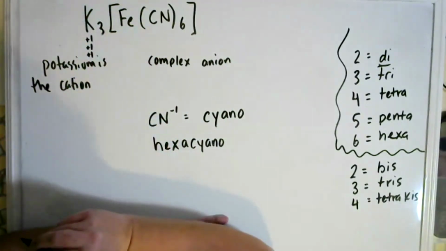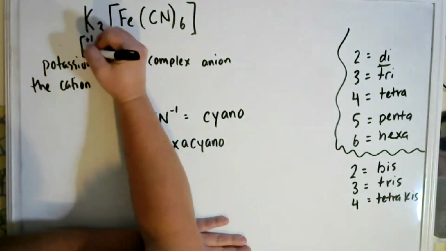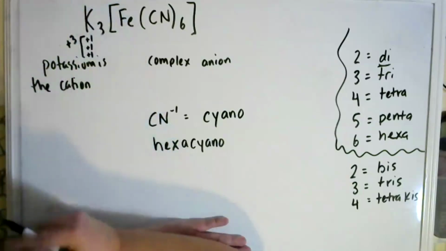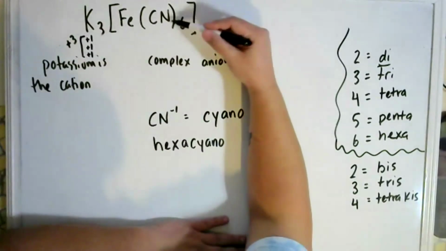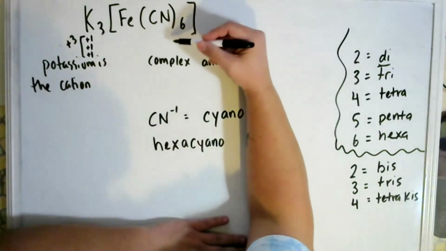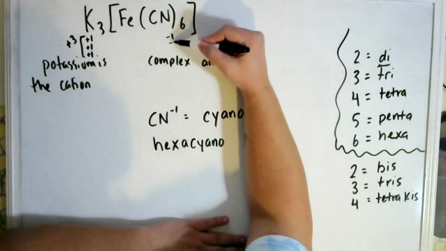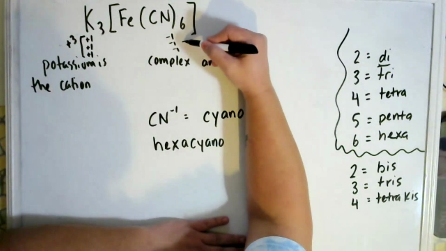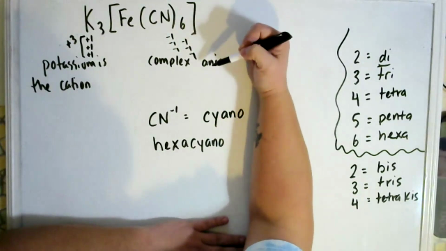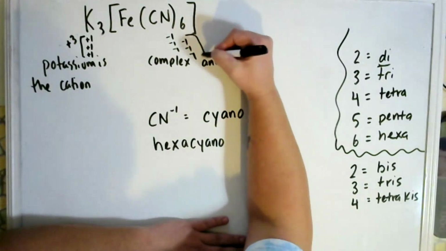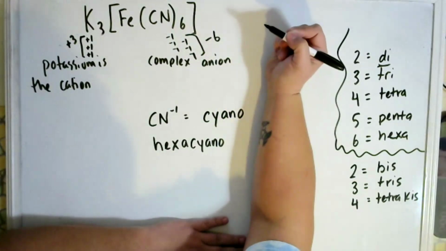There are 3 of them, so my total here is going to be +3 from the potassium. I've got 6 cyanides. Each cyanide has a charge of -1, right? That's 6 -1s, a total of -6.